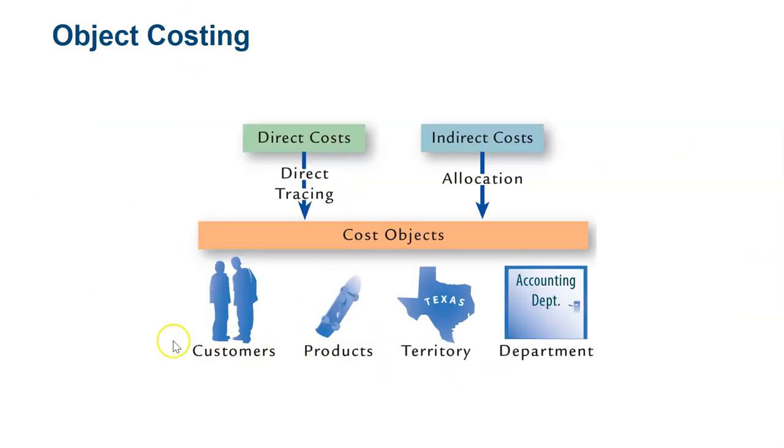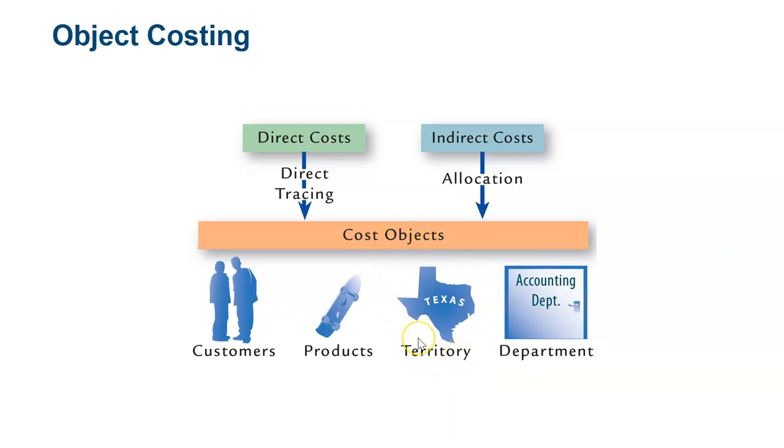This is a pretty nice little slide to look at when it comes to object costing. And basically, we say that for direct costs, we use direct tracing to a cost object, whether it is a customer, we're performing a tax return, some type of a product. Now, these other types of costs here may or may not be product costs, but we might have territories.